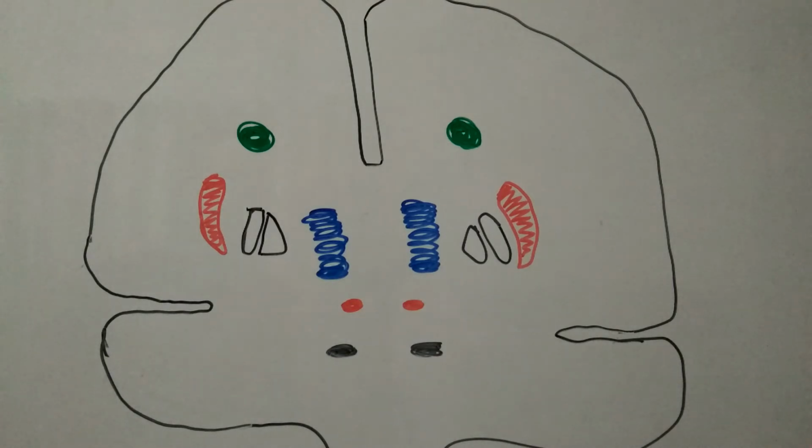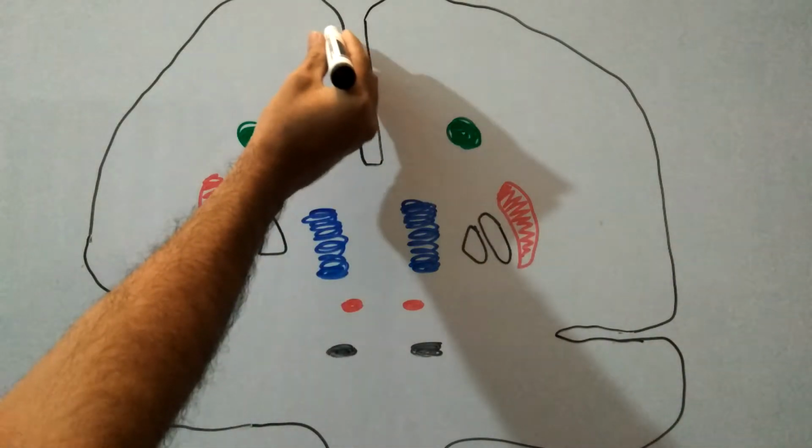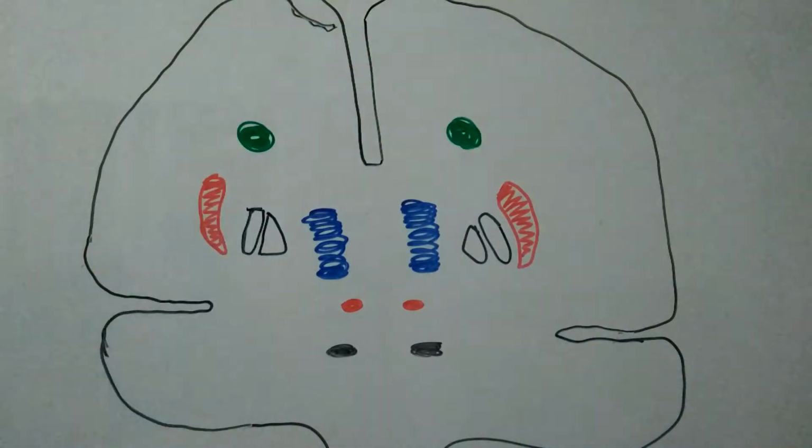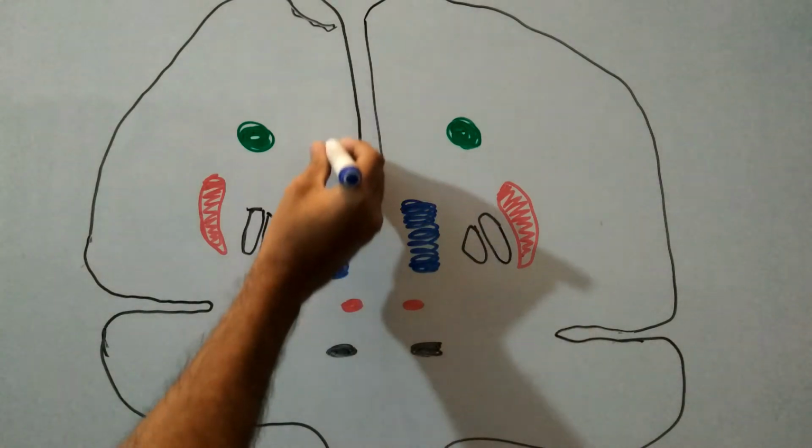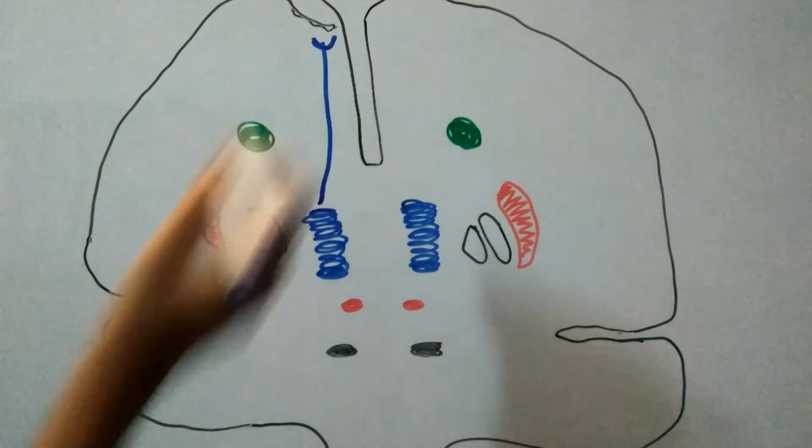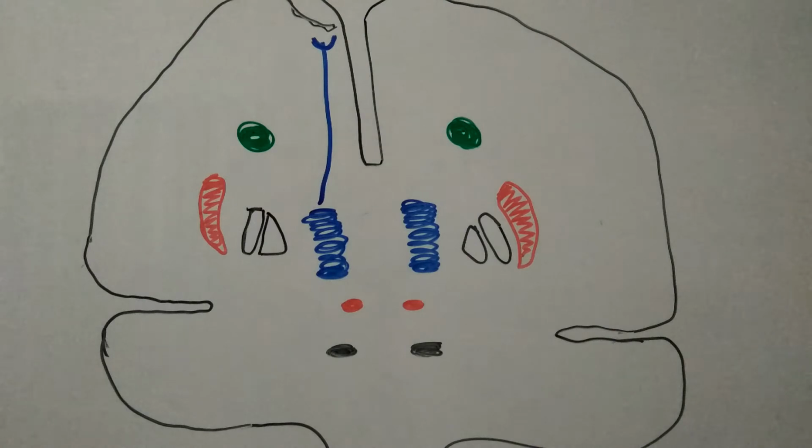Usually the thalamus is connected to the motor cortex. If I draw the motor cortex, it should be right here somewhere. And the thalamus usually has excitatory connections with the motor cortex.